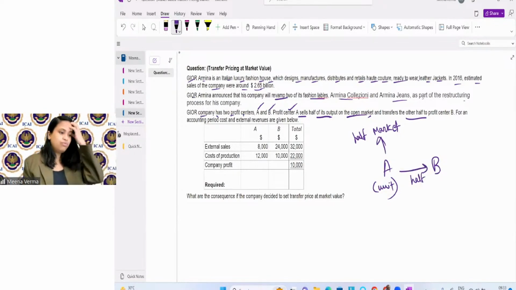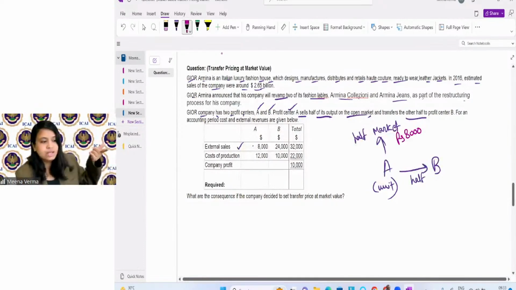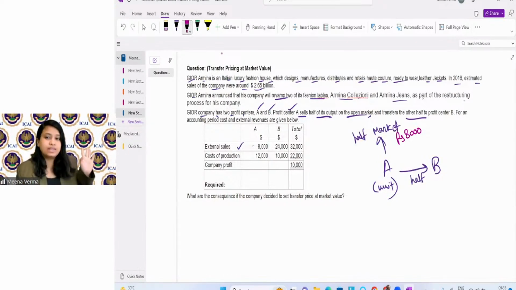All right. For an accounting period, cost and external revenue were given here. The external sale is rupees 8,000. So half of the units they are selling outside for 8,000. Achha, the cost of production in division A is 12,000 for the entire units.